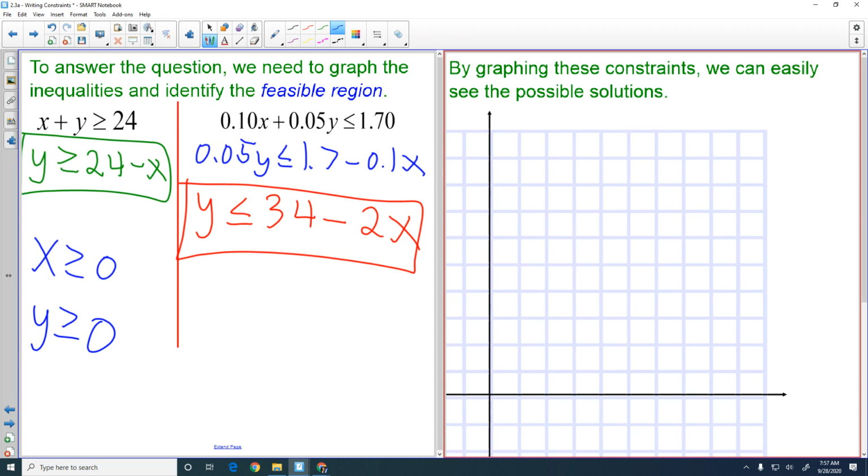Starting at 0, this is 5, 10, 15, 20, 25, 30, 35, 40, 45, 50. That way we can reach the y-intercept for both of these. And then we'll want to scale the other axis the exact same way. So 5, 10, 15, 20, 25, 30, 35, 40, 45, 50.